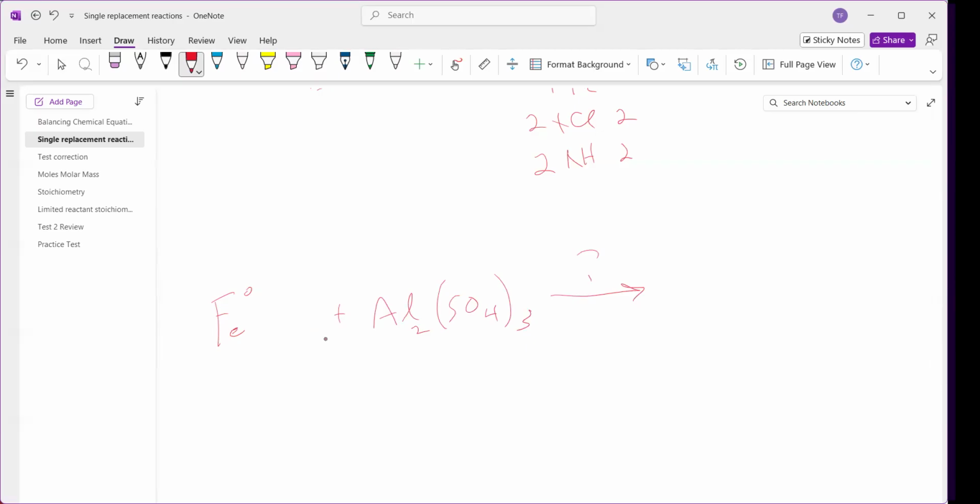Okay, so we have iron and aluminum sulfate in water.